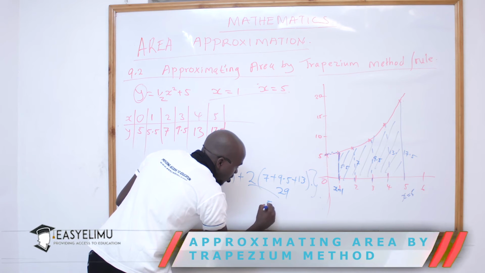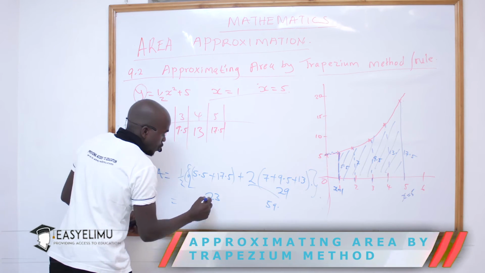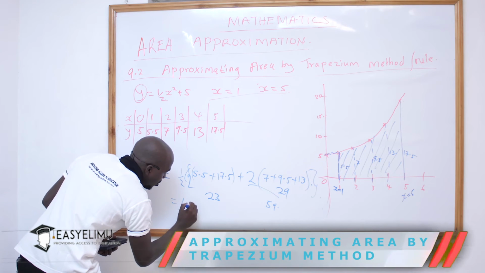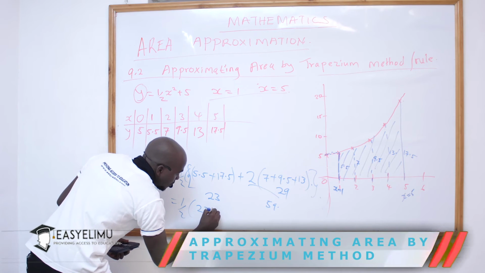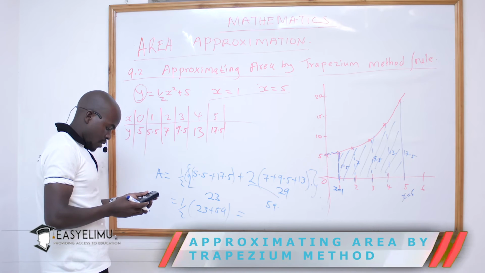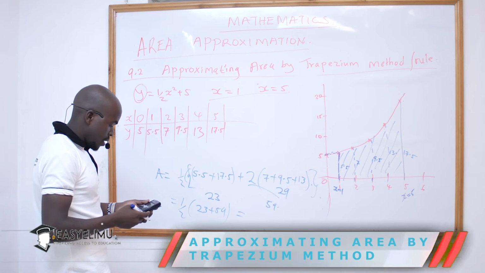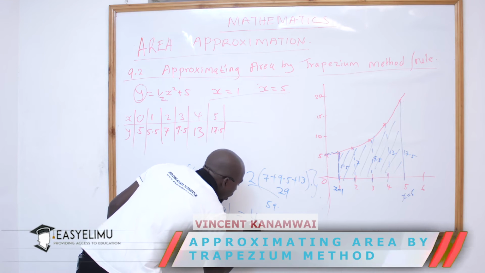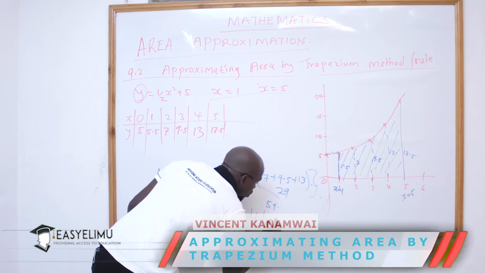This all is giving us 58. So we take 23 plus 58, so the total will be a half into 23 plus 58, and we are going to get 81. Divided by 2, it's giving us 40.5 square units.